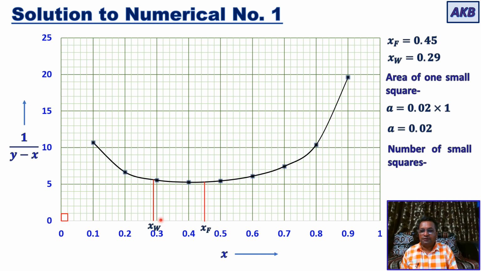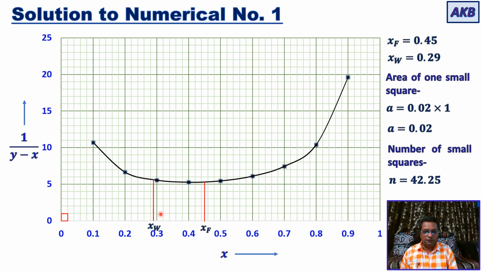Then if you count all the blocks, and then there is some area lying above 5 below the curve. If you count those blocks, the number of blocks for me comes out to be 42.25.